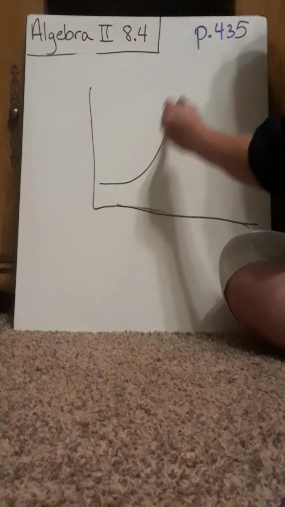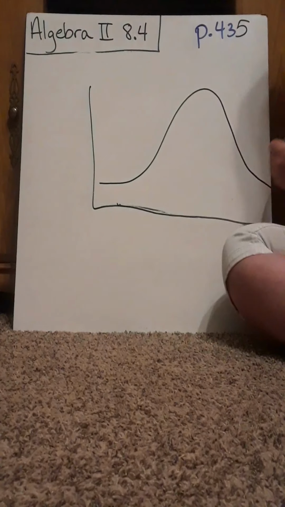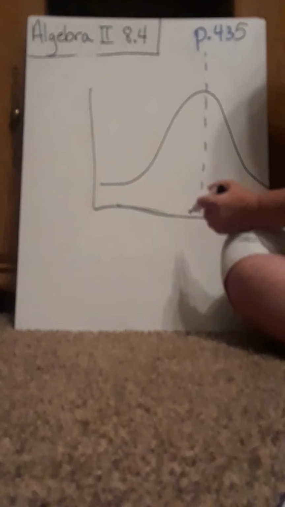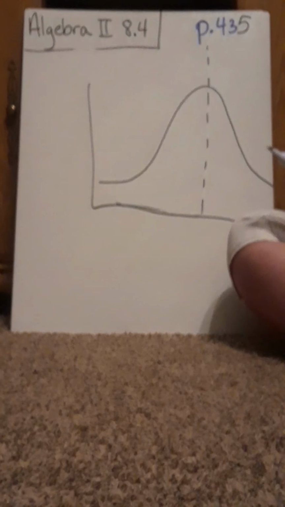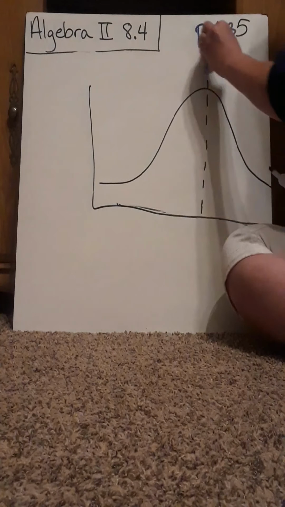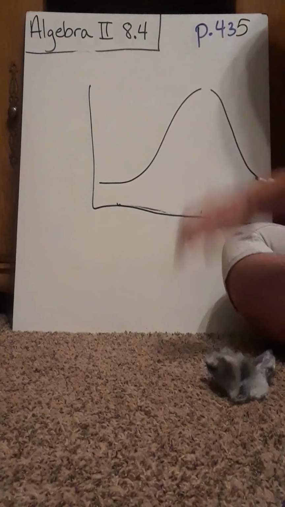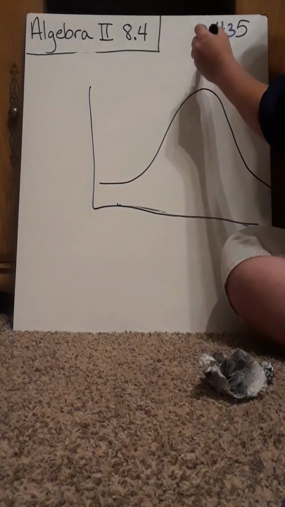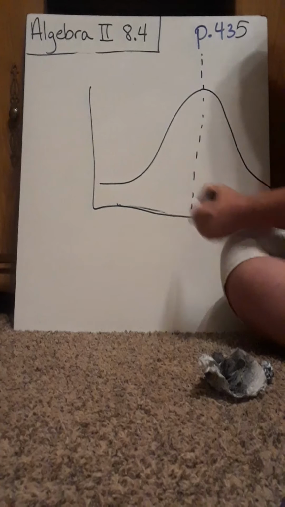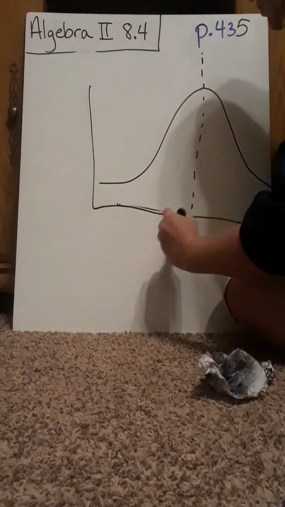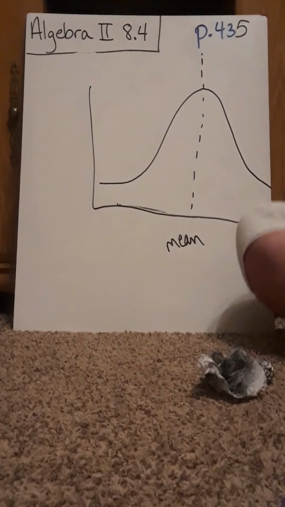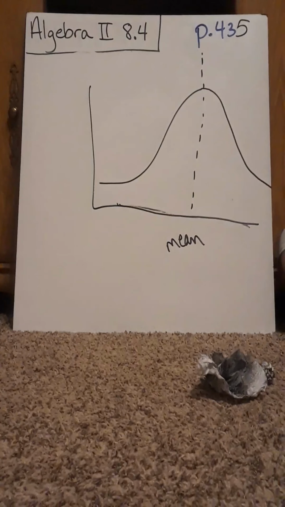Remember that a bell curve is cut down the center. So find the center. That's where your mean is. Okay? And then as you go out so many standard deviations from your mean.